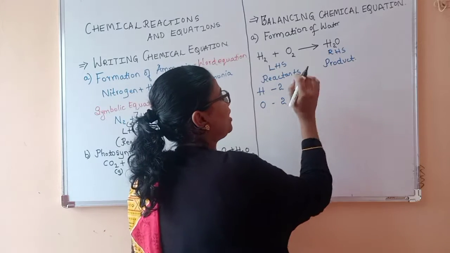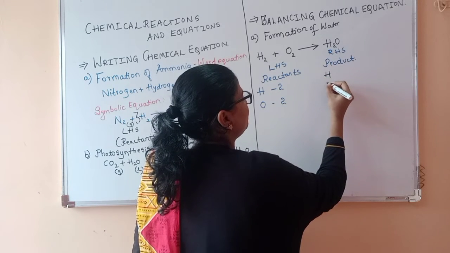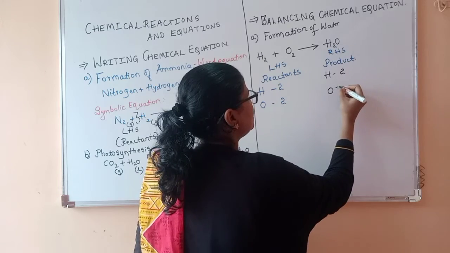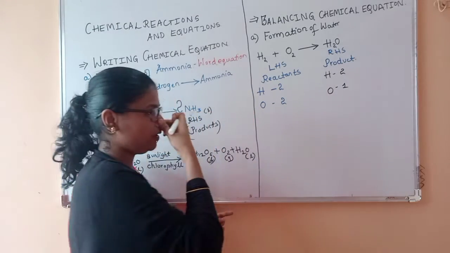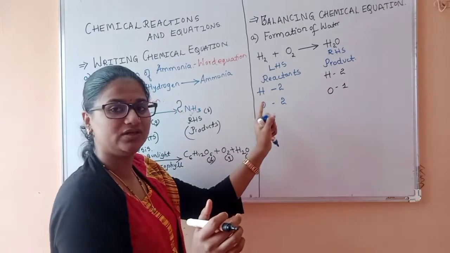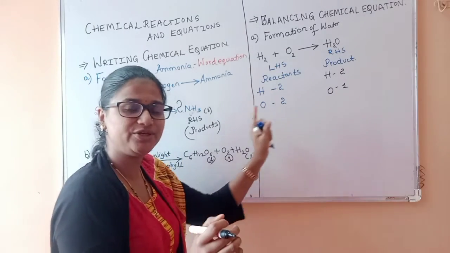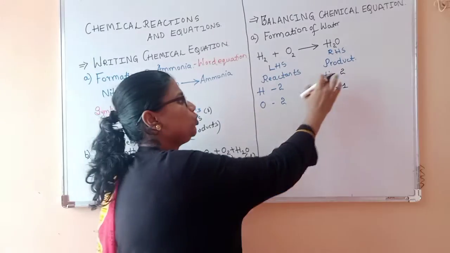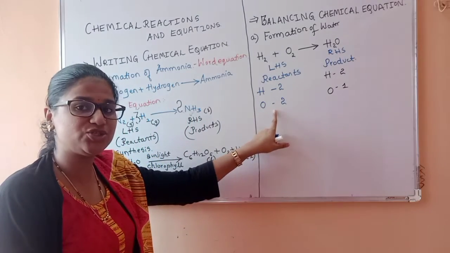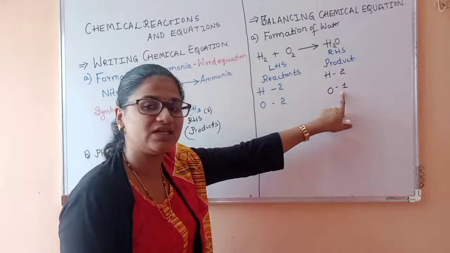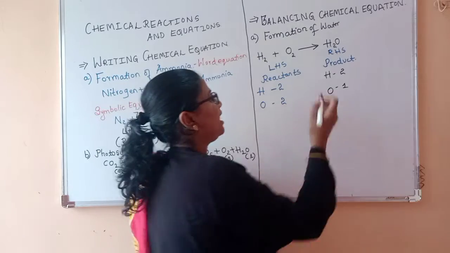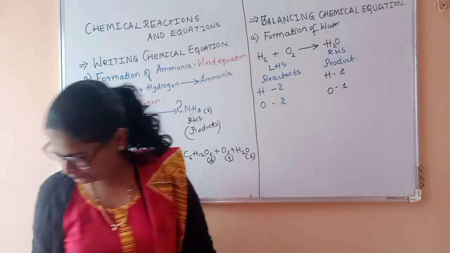Similarly, on the product side, H is 2 here, oxygen is 1 here. When you compare both sides, the number of hydrogen atoms is equal, 2. But oxygen is 2 here and oxygen is 1 here. So to balance it, I am writing 2 here.